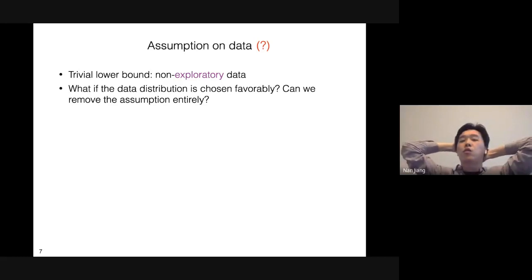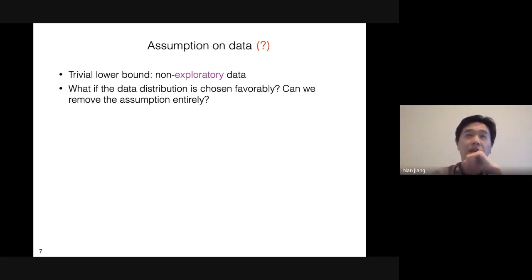If we just choose the most exploratory data distribution, maybe for a family of problem instances, can we use that to replace this concentrability coefficient assumption? Okay, so that's the idea.